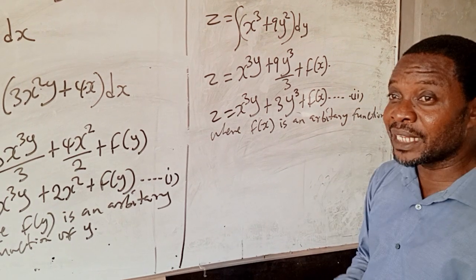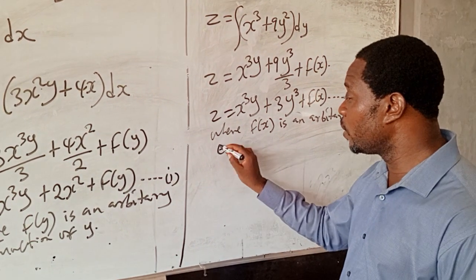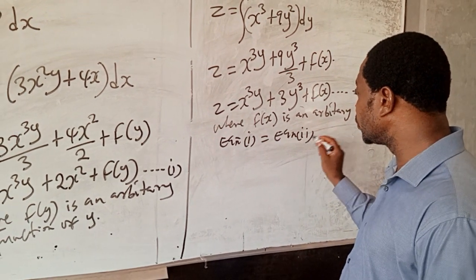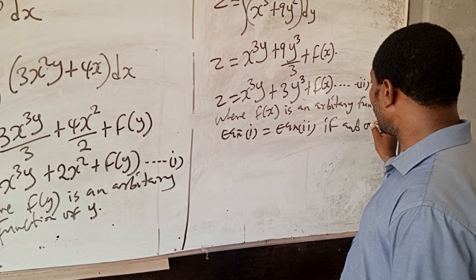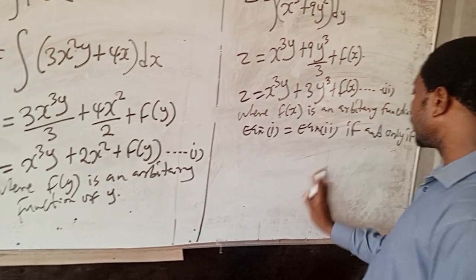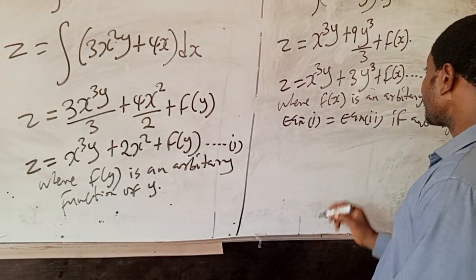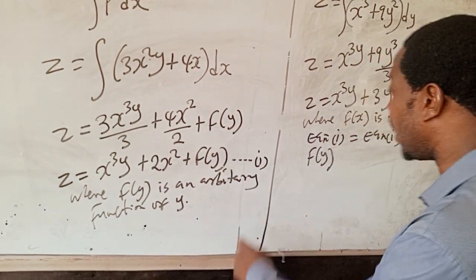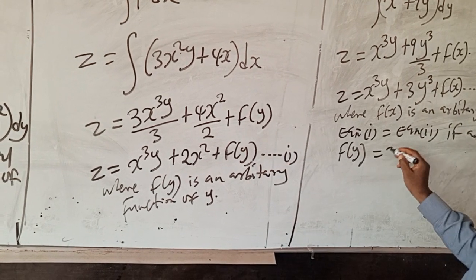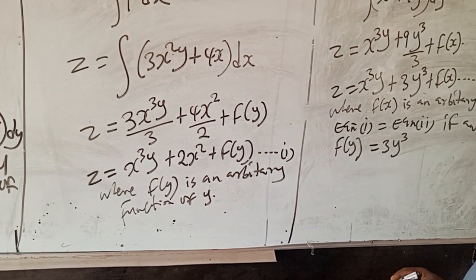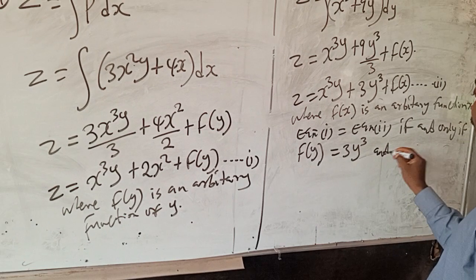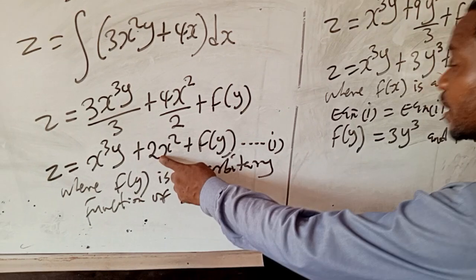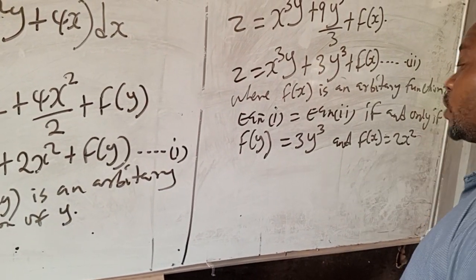So we can now say by simple reasoning that equation 1 will be equal to equation 2 if and only if, this is the only condition, f of y in equation 1 will be equal to 3y raised to the power 3, and the f of x in equation 2 will now be 2x raised to the power 2.